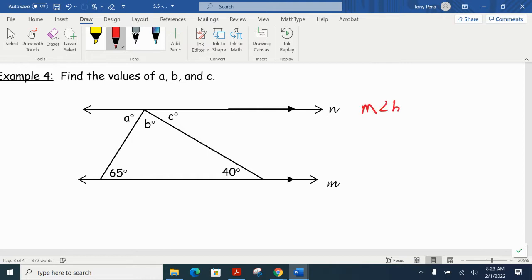The measure of angle B here. Jada, what'd you get? Good. 75 degrees.